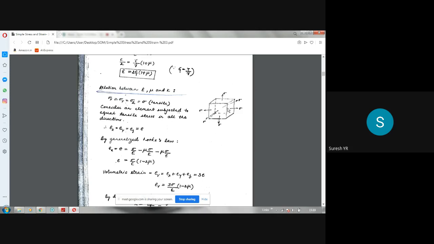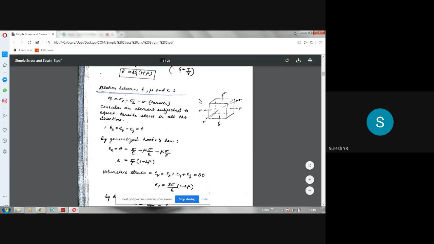So sigma x is sigma, sigma y is also sigma, sigma z is also sigma. All three values are equal, and I have taken them as tensile. When all the stresses are equal, naturally the strains in all three directions will be equal.